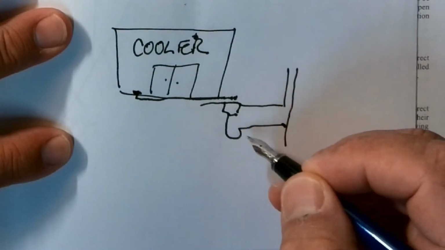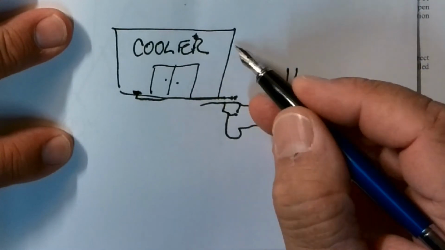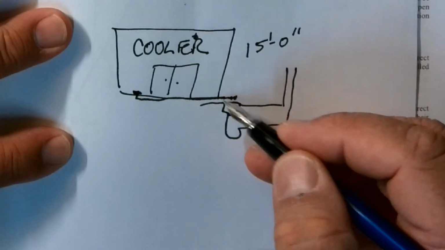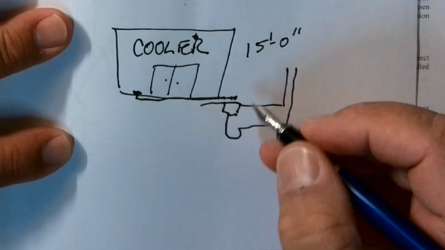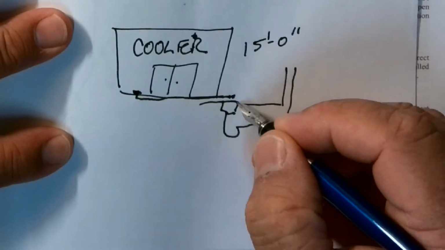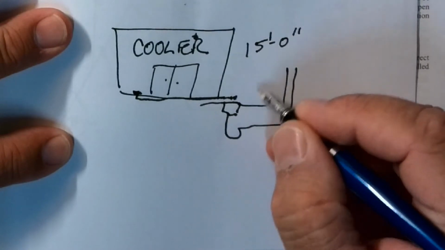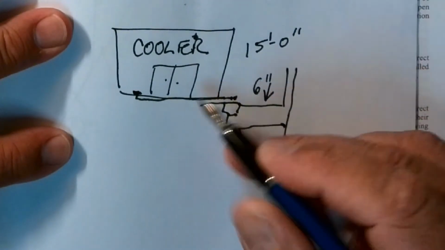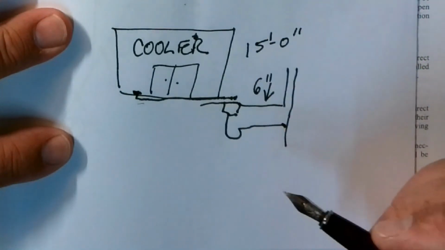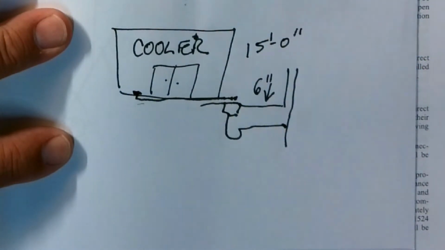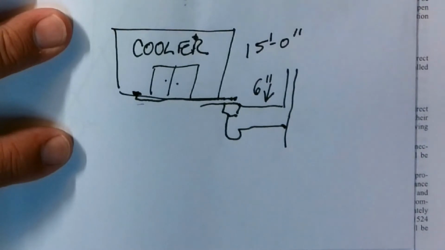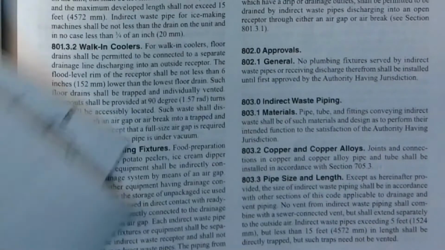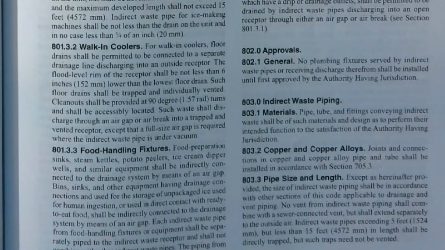This is my trapped drain. As long as it's no longer than 15 feet, I can go ahead and drop it in as an air gap. And this receptor needs to be 6 inches lower than the lowest floor drain. That's what that code section talks about. And I hope that makes sense, because I love drawing my little chicken scratch, right?